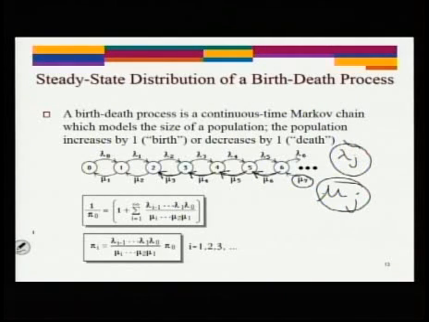So mu j indicates the death rate in each state j. In most queuing systems, death is simply indicating a service completion. And most queuing systems with exponential inter-arrival times and exponential service times may be modeled as a birth-death process.